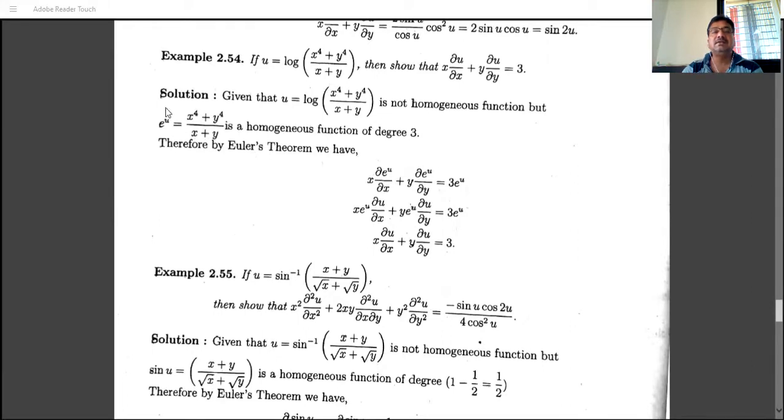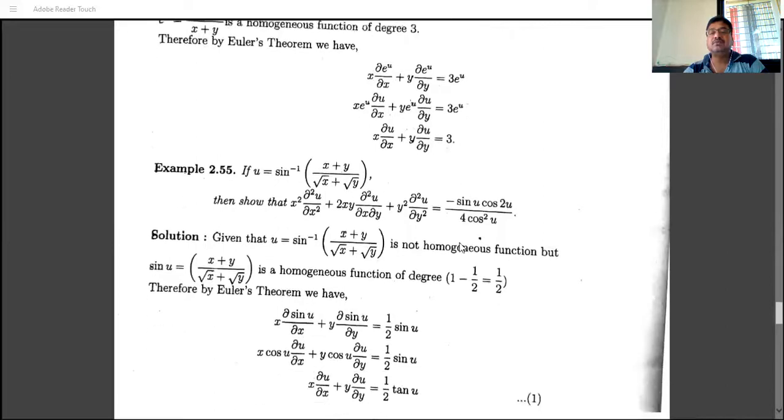And then denote this function by z, or directly we say x ∂/∂x of e raised to u, because e raised to u is the homogeneous function of degree 3. y ∂/∂y of e raised to u is equal to 3 e raised to u, and the derivative of e raised to u is e raised to u into ∂u/∂x with respect to x, and with respect to y, the derivative of e raised to u is e raised to u ∂u/∂y, equal to 3 e raised to u, and then dividing by e raised to u, we have this answer.